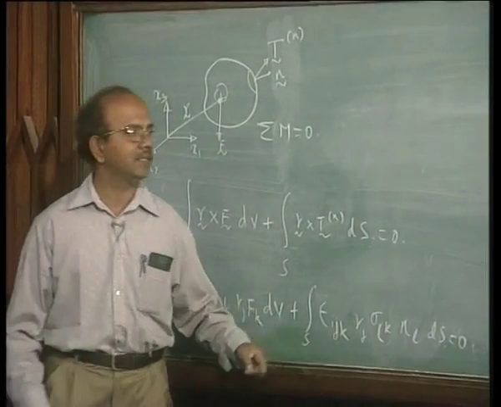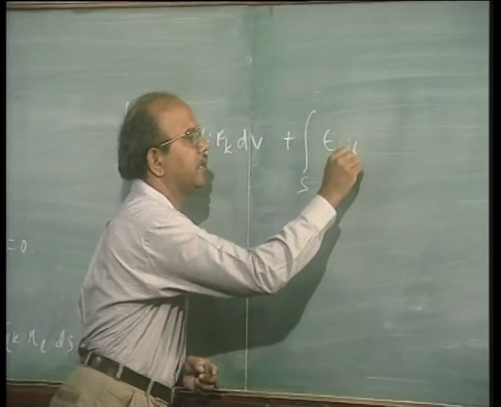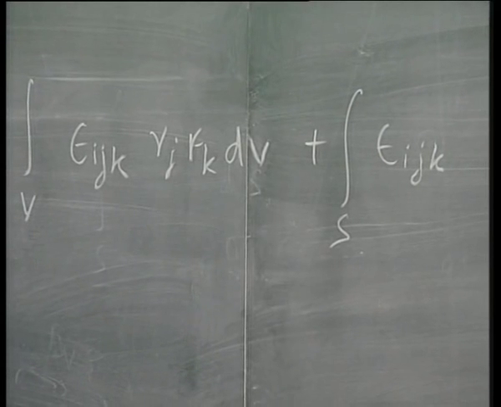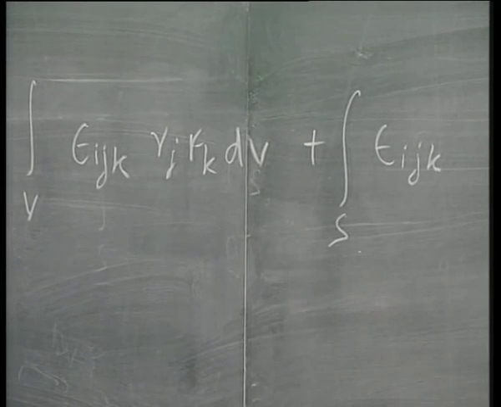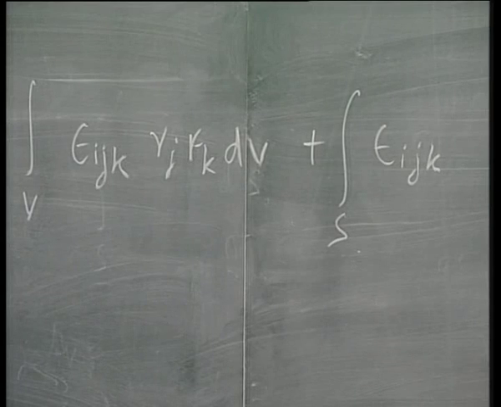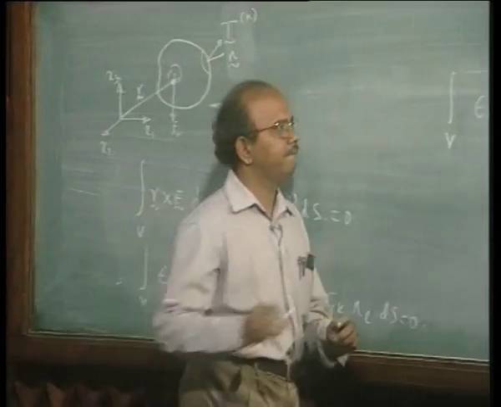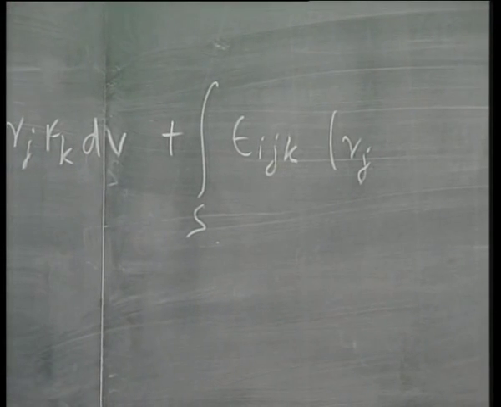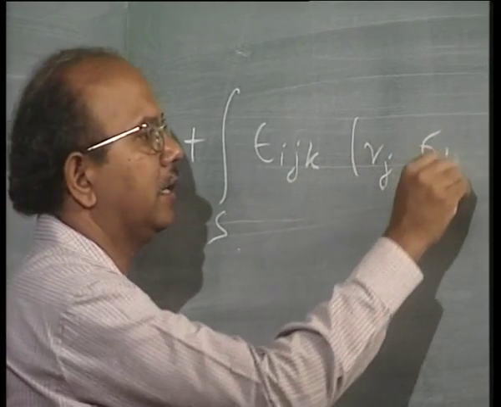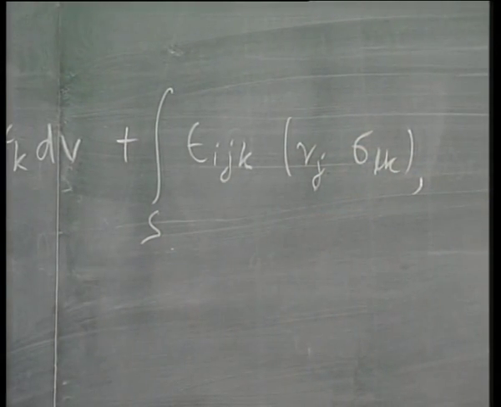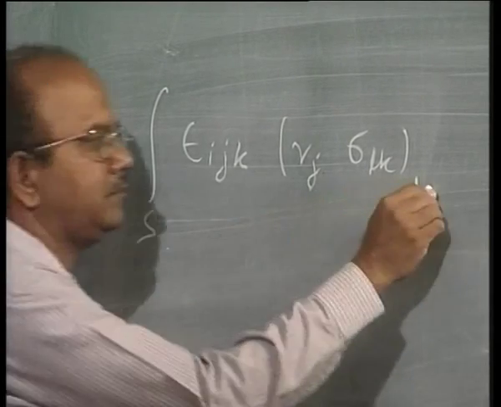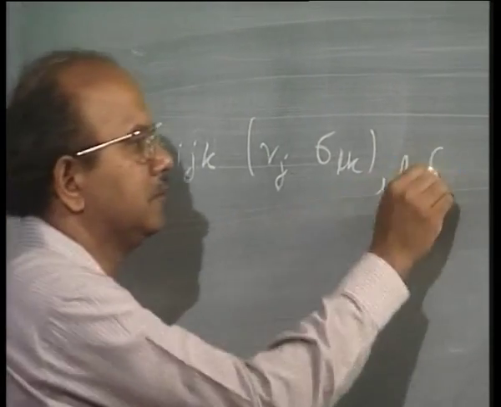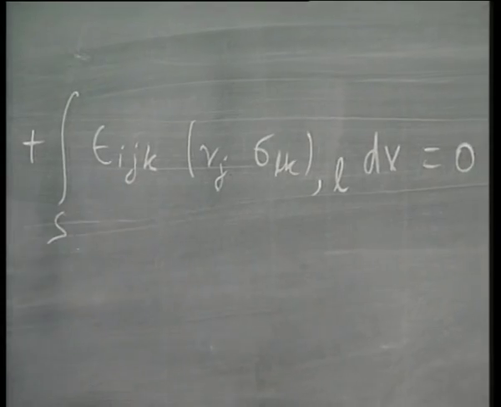So I can write this as epsilon_ijk r_j, no, both of them are there, so r_j, sigma_lk comma l. Right? dV is equal to 0.